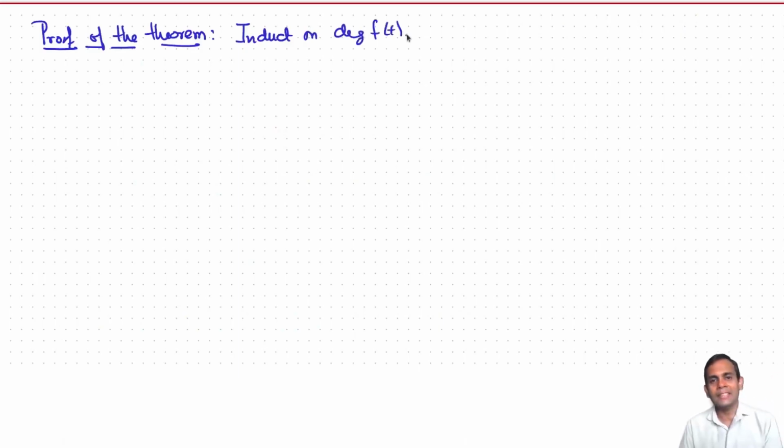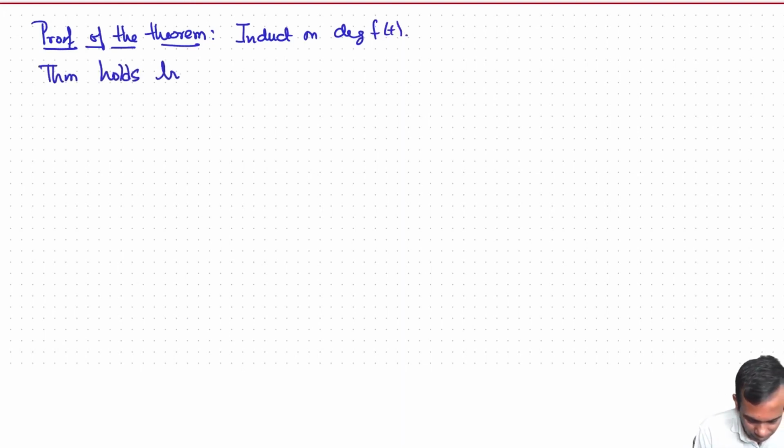Now if f is linear, then this is trivially true, right? So the theorem holds trivially if f(t) is linear, or the degree is equal to 1.